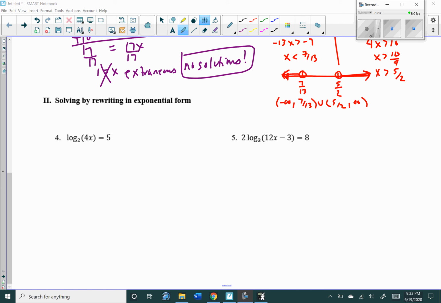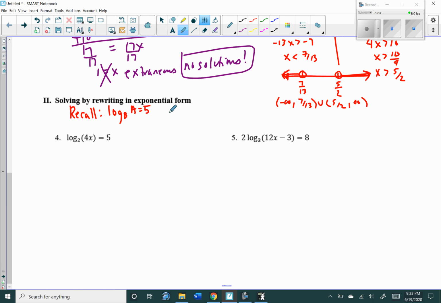So solving by rewriting in exponential form is the next part we're going to look at. So recall that log base b of a equals e.